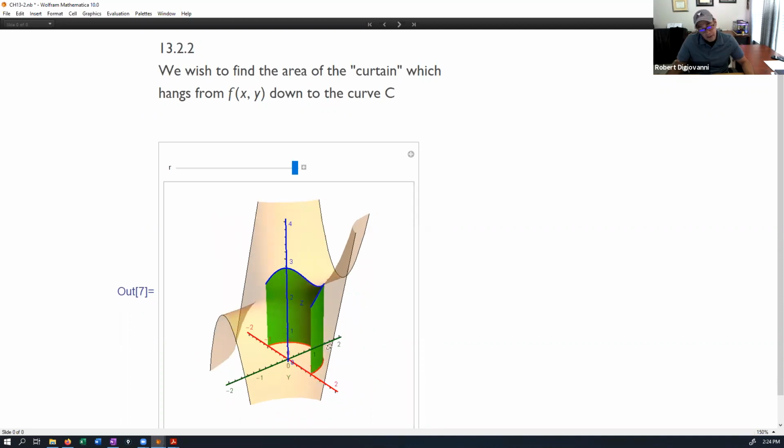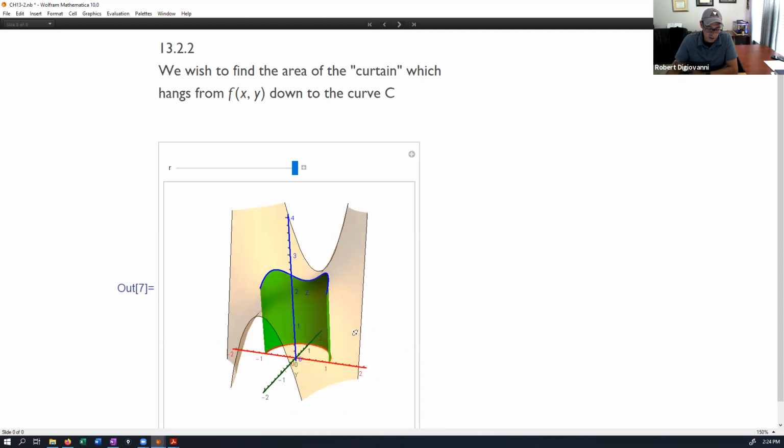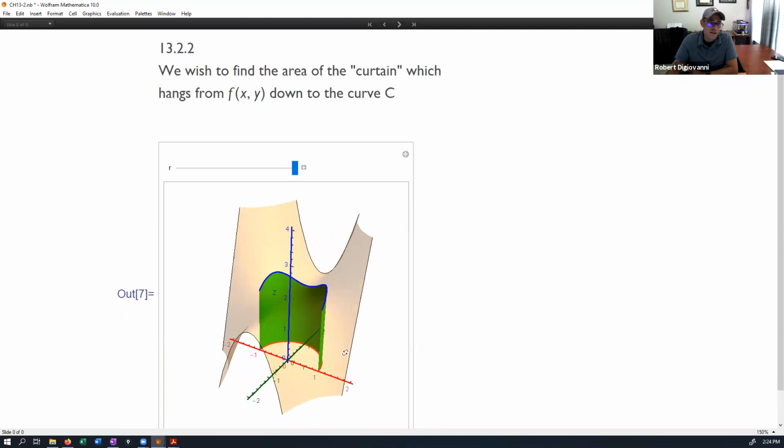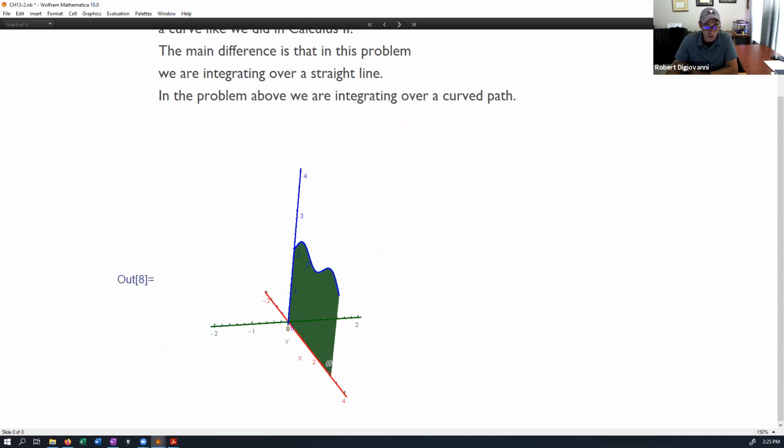Now, it might appear like, hey, this might be easy. It kind of is, but it kind of isn't, because it looks a lot like Cal 2, doesn't it? I mean, it's just area under a curve, like Cal 2. You didn't realize it when we were in Cal 2, but we were actually doing this problem.